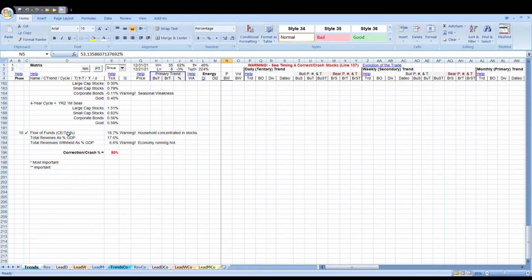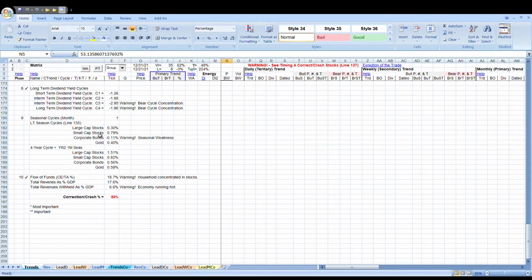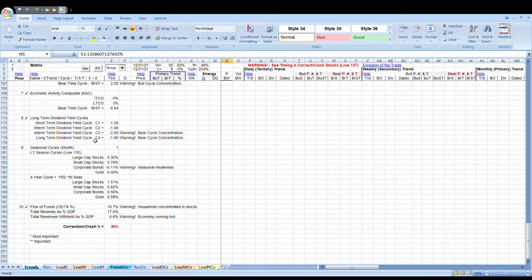These tend to stay in place and people mostly ignore them. The problem is during major tops, you get a clean sweep across three of these below. So keep an eye on these. This is one of those that if you have the box checked and there's nothing else there, I wouldn't worry about it too much. But if you have a clean sweep and there's a lot of other things going on, it is a real concern for shorter term timing and intermediate and longer term, especially if these are flashing a warning and other things.